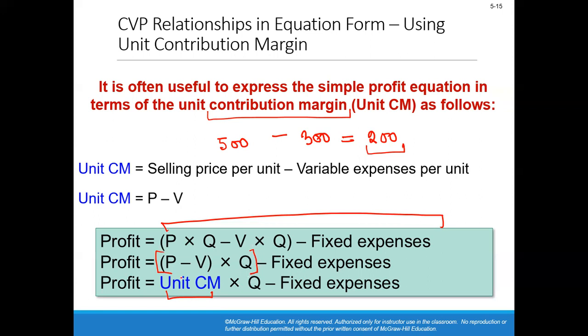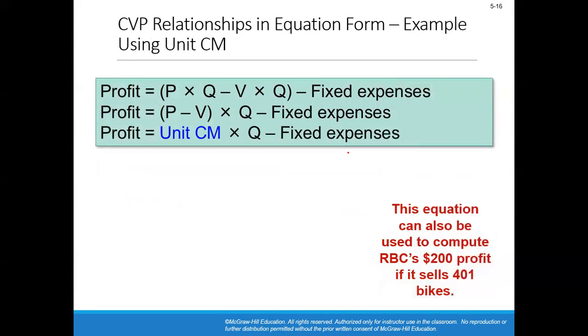And we see that unit selling price minus unit variable cost can also be called the unit contribution margin.